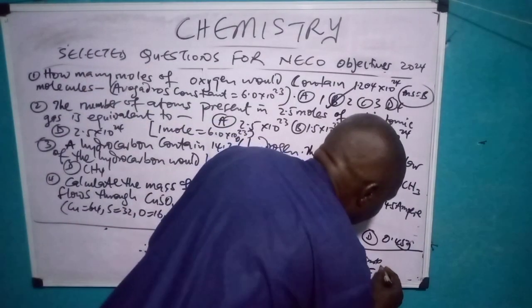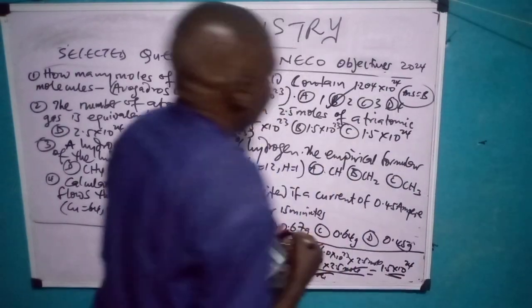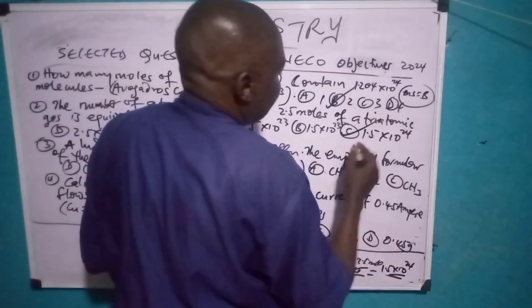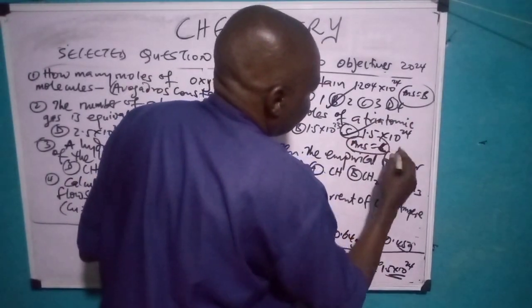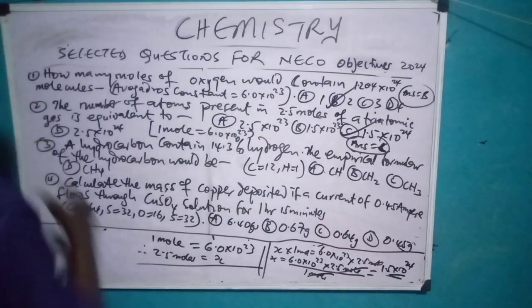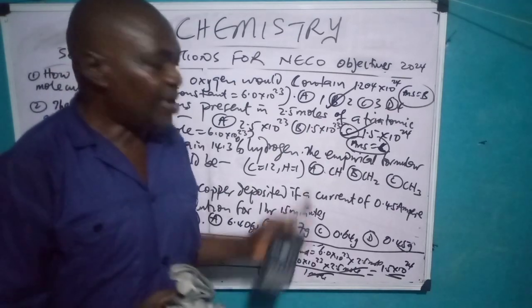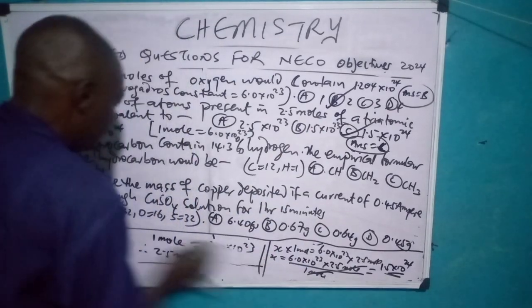So one gives 1.5 times 10 to the power of 24 atoms. So let's see where it is here. 1.5. So that one is C. Answer equals C. So that is question 2. Let's still clean it. Please follow it. As I said, get a notebook, a biro, and be jotting it. By doing so, it will be difficult for you to forget.